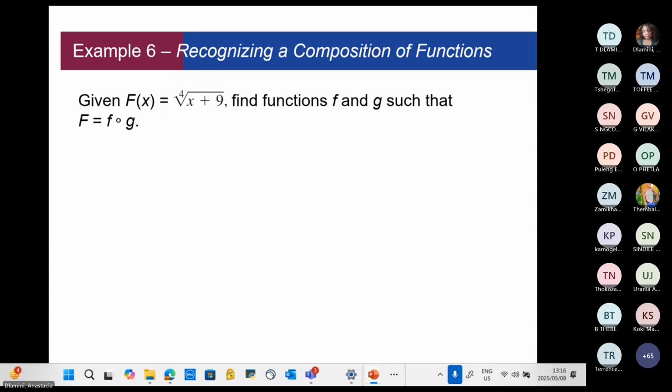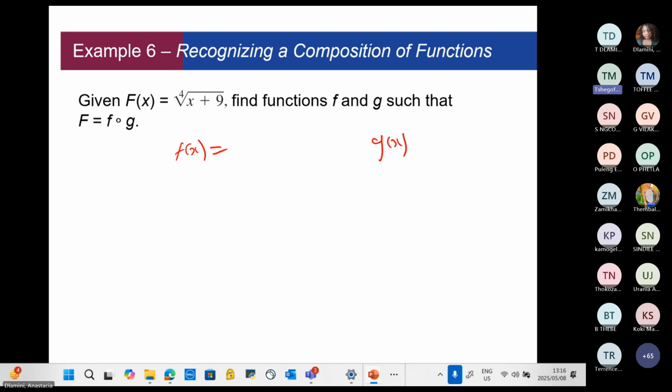Let's reverse. So what do you think F will be and what do you think G will be? And when you choose your F, make sure that when you do F and G, it gives you the bigger F. Can I try, ma'am? Yes, thank you. So F of x will be what? G of x will be what?